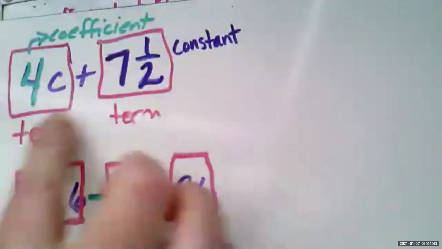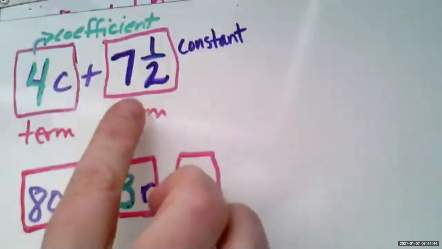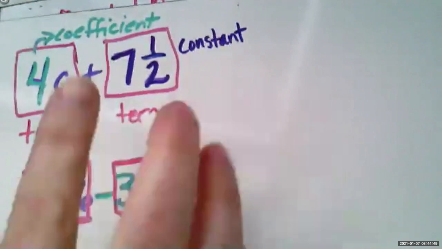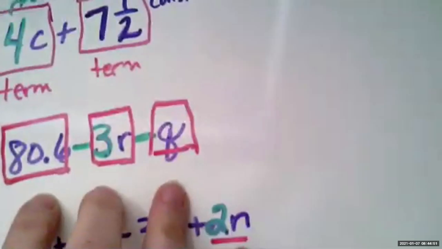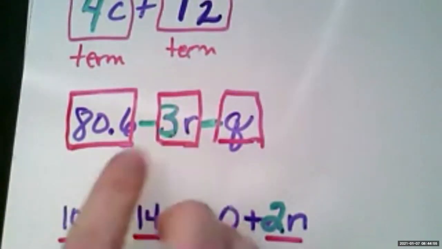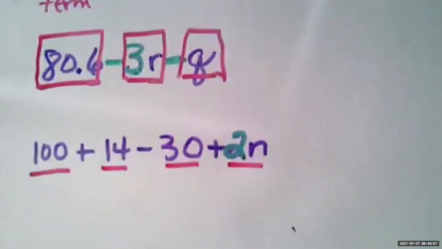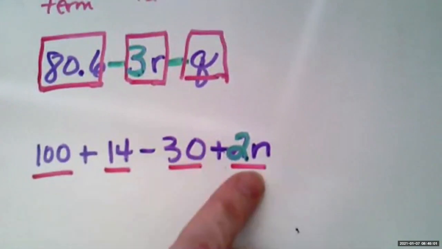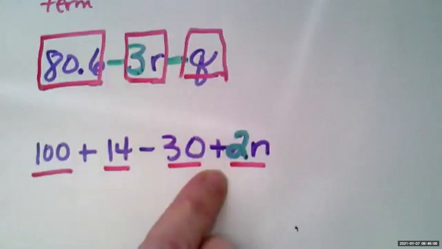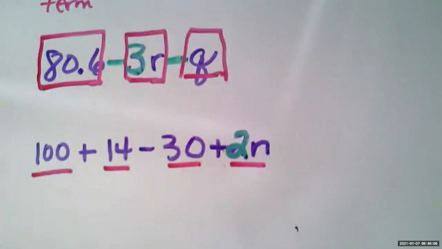So that's why this expression has 2 terms because it's separated with 1 plus sign there. This one has 3 terms. There you go, 3 terms because it's separated with subtraction signs. And this one here has 4 terms because there are numbers and there are letters, but they're separated with the addition and subtraction signs. Does that help? I think that one came from Raya.